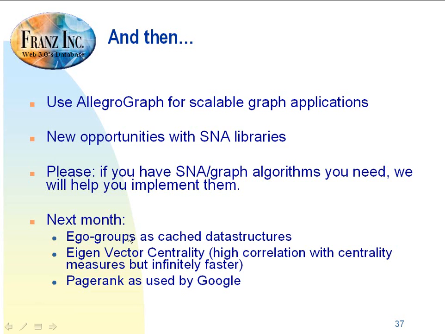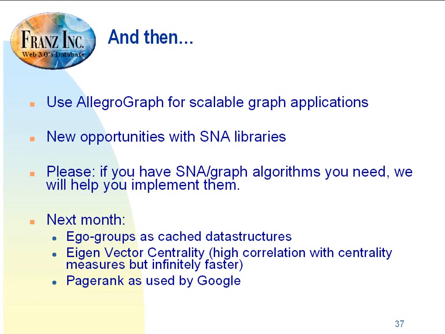If you say have an ego group of 8,000 people, then you don't want to go to the Triplestore every time to find the shortest path. It's so much quicker to cache that group of 8,000 people and do your shortest path on a cached version of those triples.